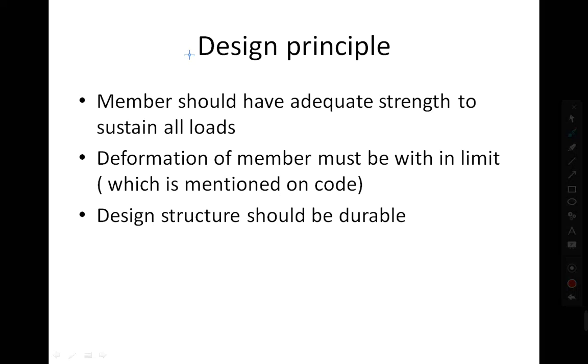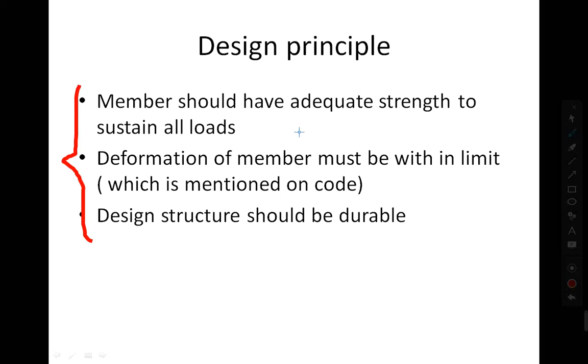The first one is that the member should have adequate strength. The member should have sufficient strength to sustain all loads. I consider an axially loaded member where axial load is applied.